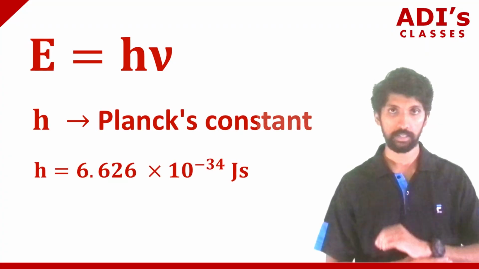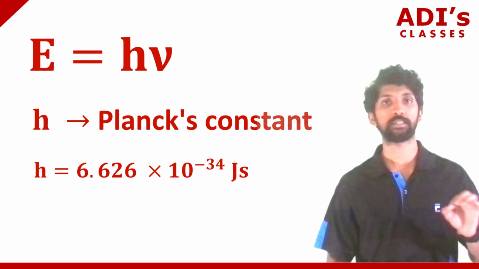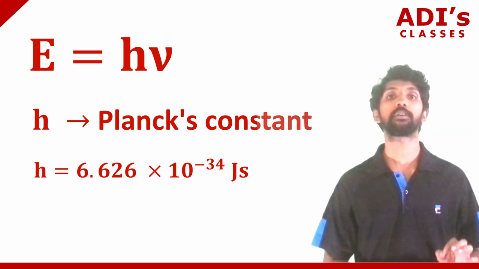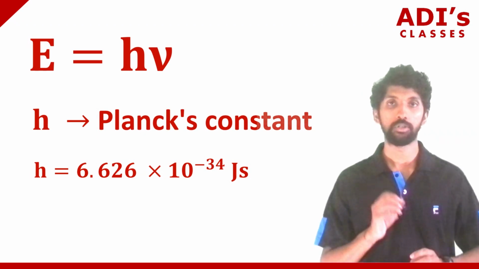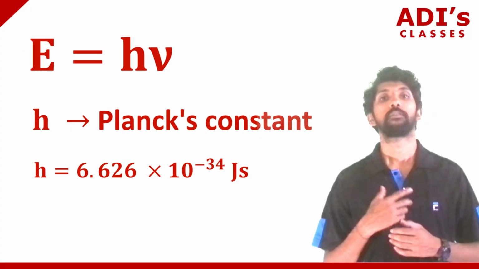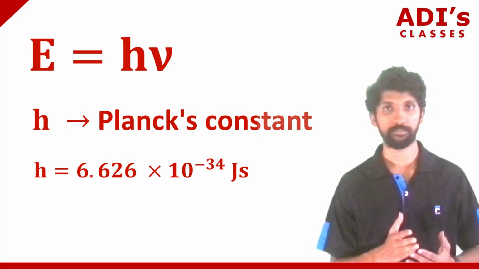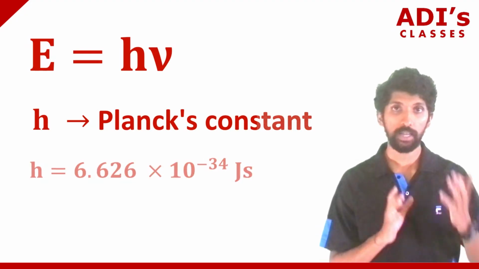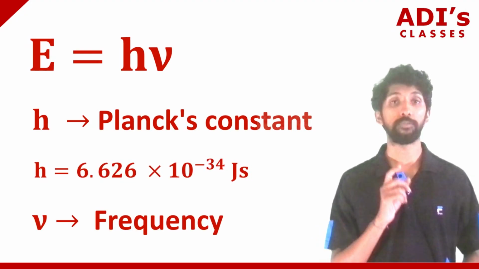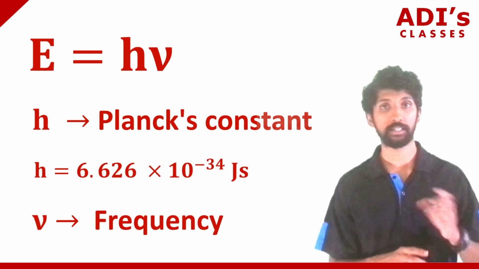Planck's constant is given by 6.626 into 10 to the power of minus 34 joule second. For calculation purposes, we can take it as 6.63. Alright, so this is Planck's constant, and nu is the frequency at which the photon is coming.